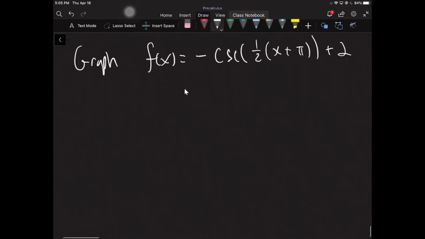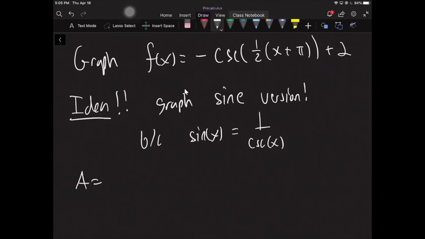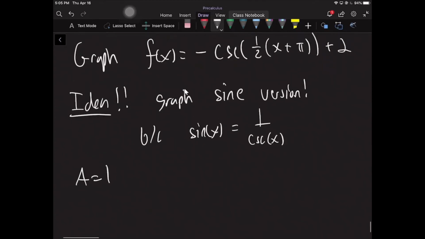Okay, so same idea. Don't graph cosecant. I don't know what that looks like. Graph the sine version first, because cosecant is just a 1 over sine. So we need to look at all these pieces. The amplitude is 1, because there's no number in the front there.